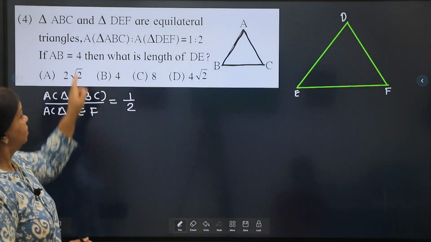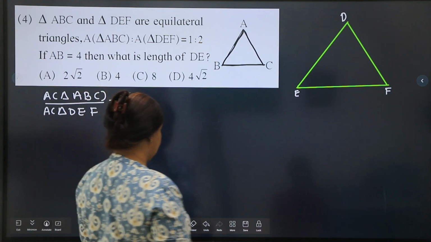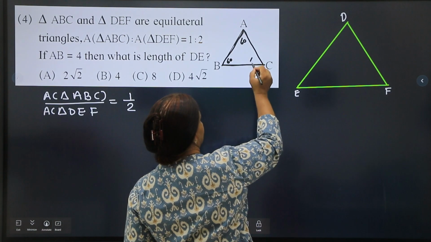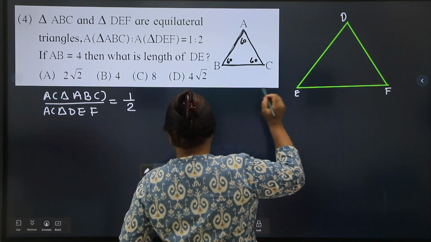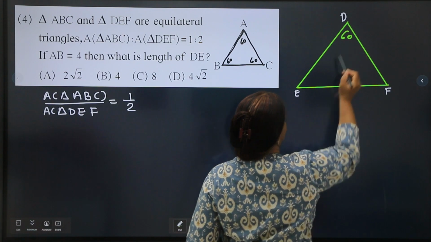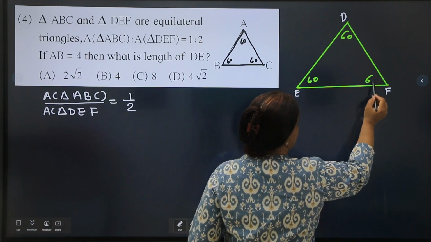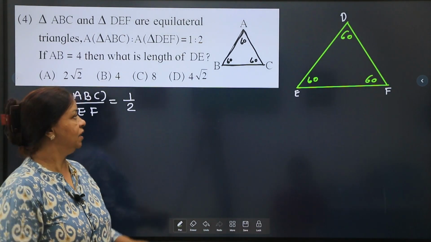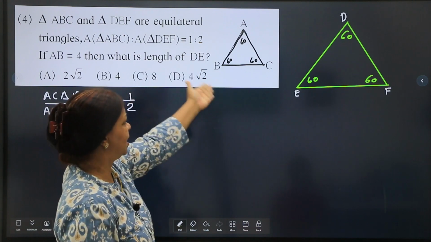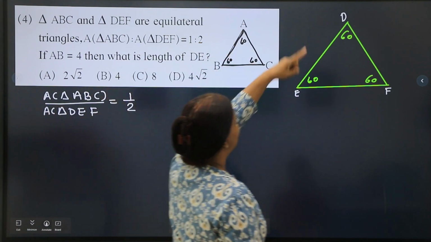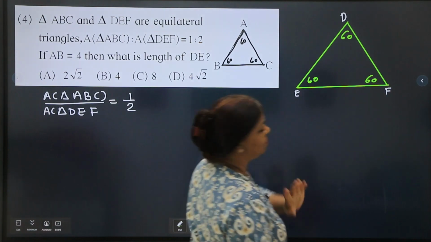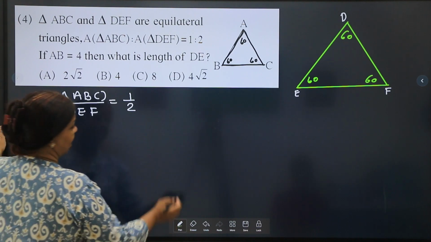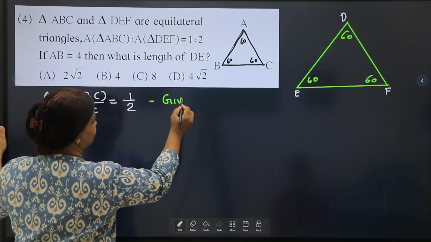And both triangles are equilateral triangles. So this angle is 60, this is 60, this is also 60, and here also 60, 60. We know in an equilateral triangle each angle is equal to 60 degrees, and all sides will be equal: AB is equal to BC is equal to AC, DE is equal to EF is equal to DF. And it is also given ABC upon DF is equal to half.